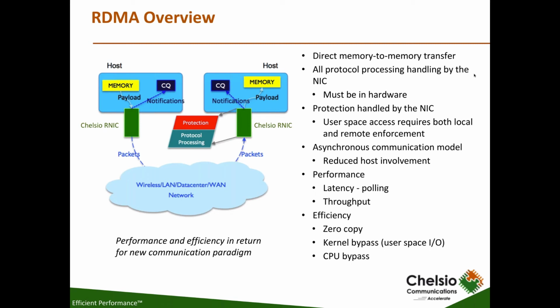In addition to handling the data transfer, the RNIC also handles protection of memory spaces. So in other words, you can't go scribbling on other people's memory areas that they don't want written to. So what we end up with is a high bandwidth, low latency data transfer pipe that doesn't need a lot of CPU to make it work.